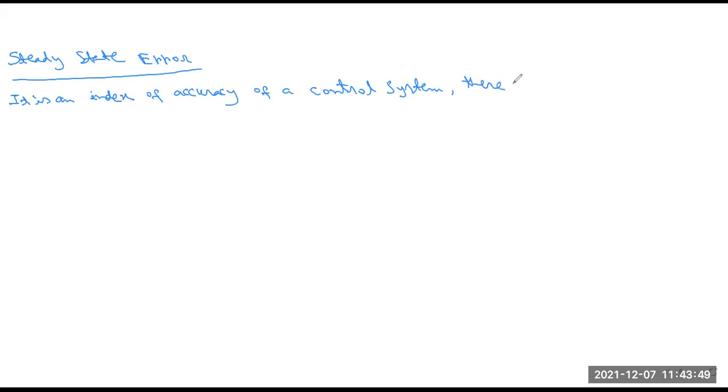Therefore, the steady state error should be minimum as far as possible.